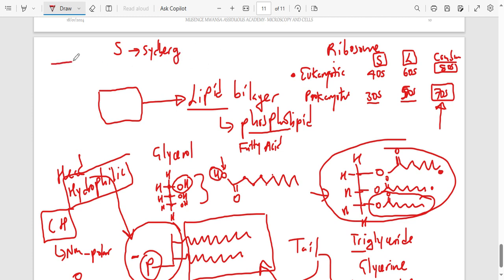When you get a ribosome, you put it in a test tube, close it, and then start rotating it using centrifugation. How much of the ribosomes will settle at the bottom? That is what is known as the Svedberg unit. So that is what the S is representing.